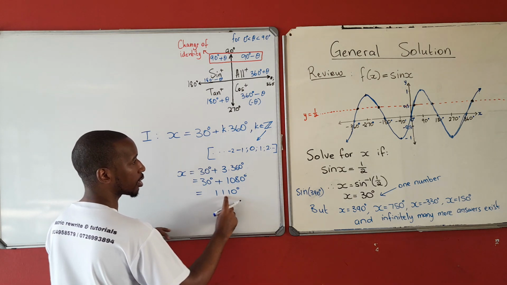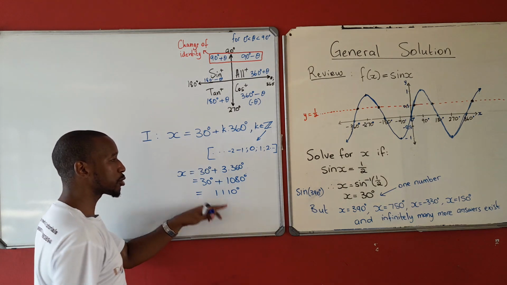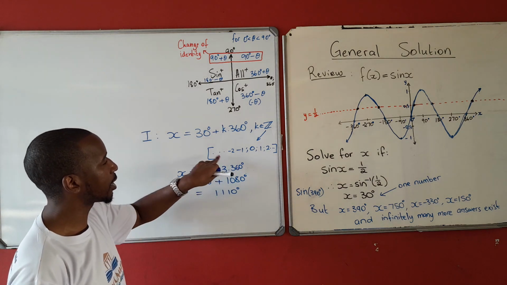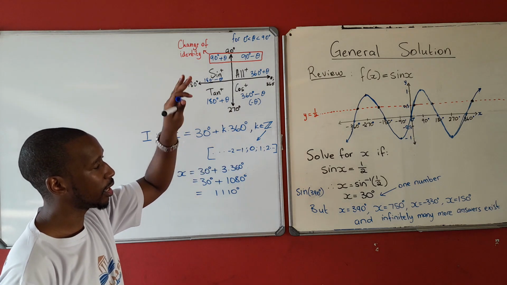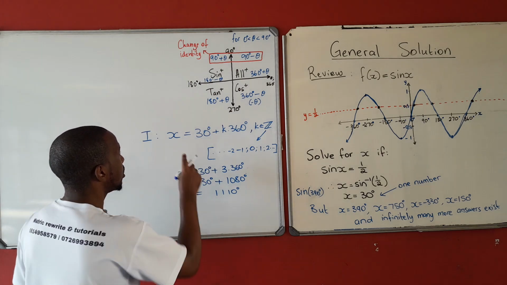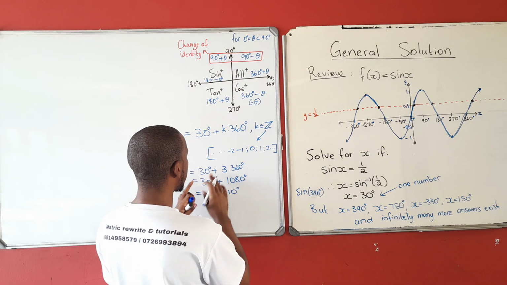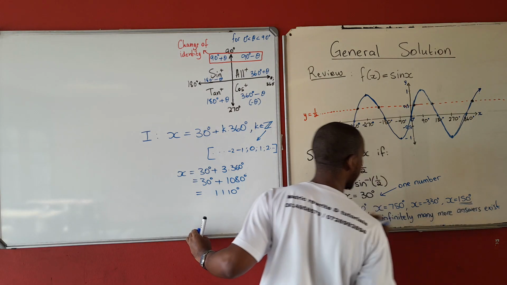Try that one, take it, put it in the x over here, then you will see that it also gives you the answer. So as long as the k is changing as these numbers here, we are definitely having a solution giving one half. Therefore, we are not done, because whatever you do here as k values, the 150 would never come up.